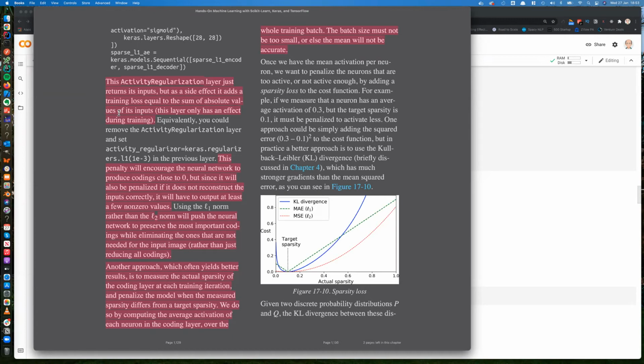Right, so it makes the activations lower, because you're adding this absolute value on top of the loss function. To decrease the loss function, the activations have to be reduced, because that's how this loss function will work. Okay, cool.